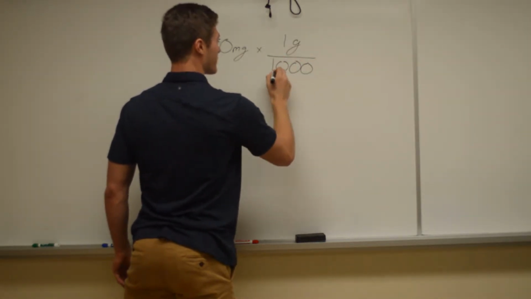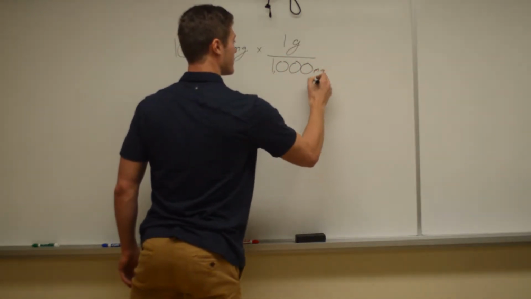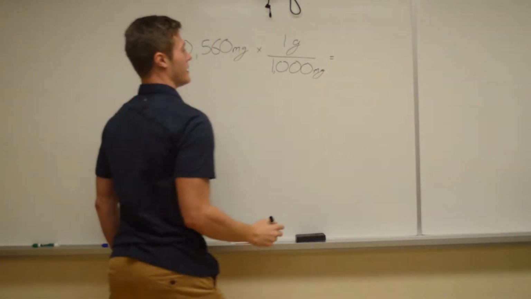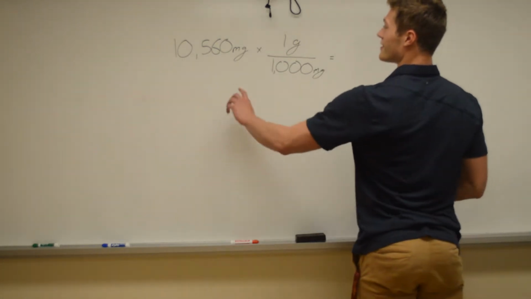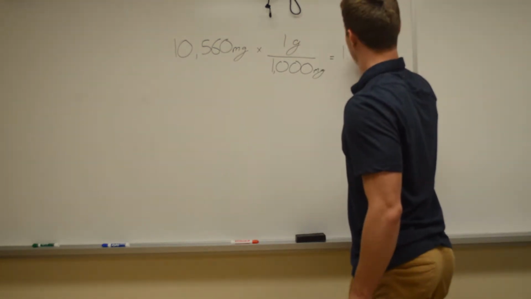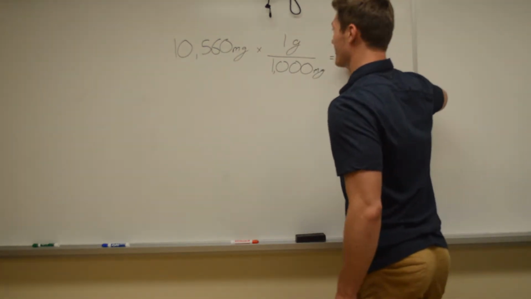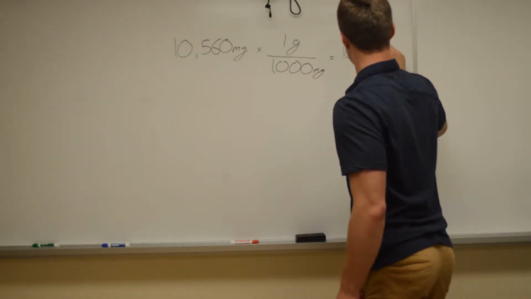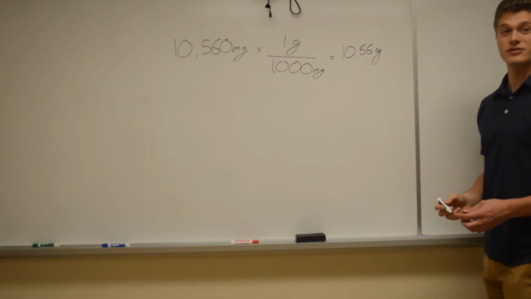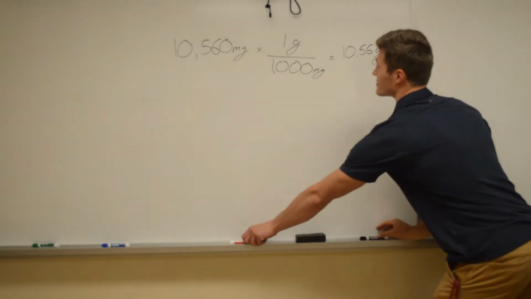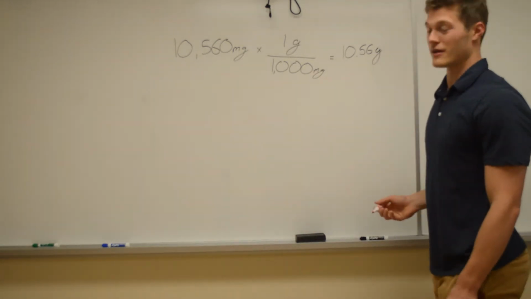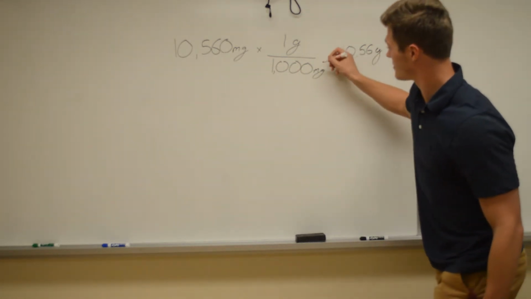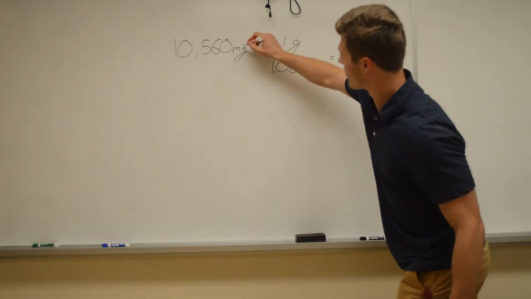So you're going to write your 1,000 milligrams down here. You divide by 1,000, giving 10.56 grams. And as I showed you the last time, to make sure that that is right, you simply run through and see that your milligrams cancel top and bottom, leaving just grams, so you know that the conversion worked.